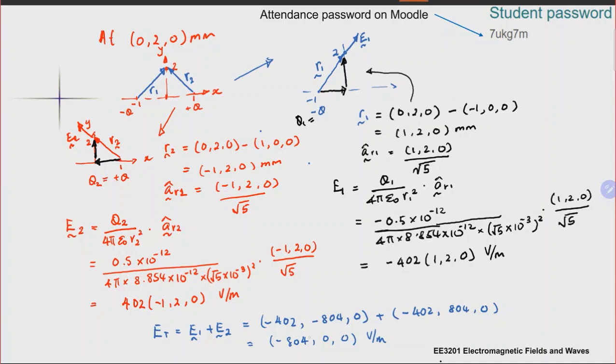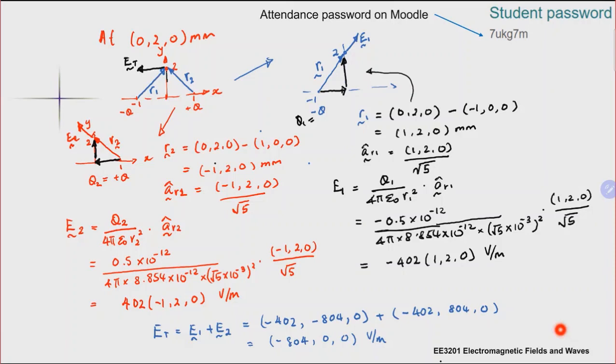Means that the vector of the total E field in these directions with a magnitude of 804 volts per meter. Okay, so the electric field in the y and in the z directions is equal to 0. So there's no field in the other two directions.